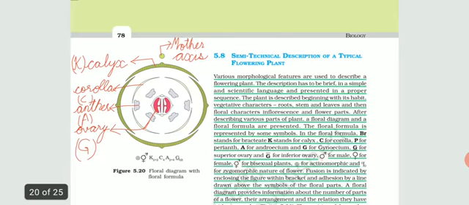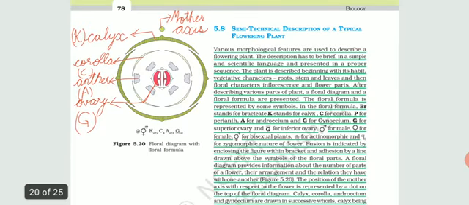Now let's talk about the last topic of this chapter: how we can give a brief description of any typical flowering plant.